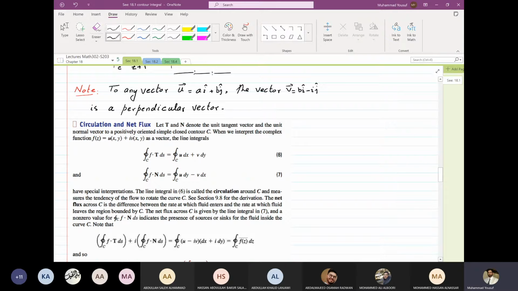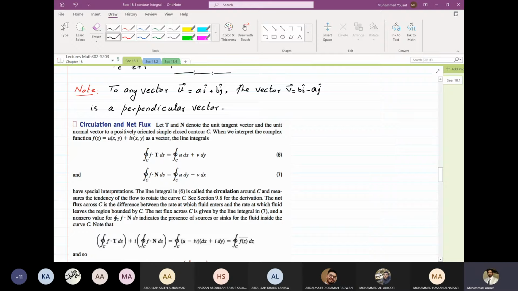If u is ai plus bj, then a vector which is perpendicular to u will always be bi minus aj. We switch these components of the vector and make one of them negative.